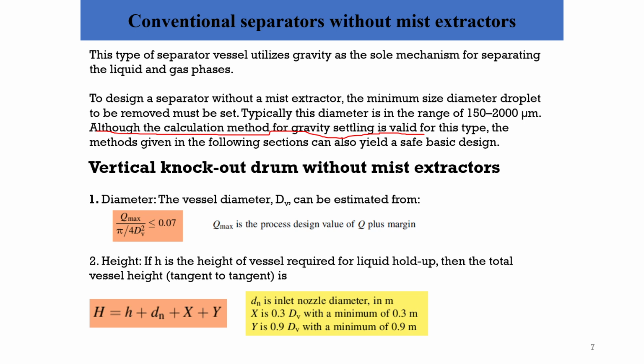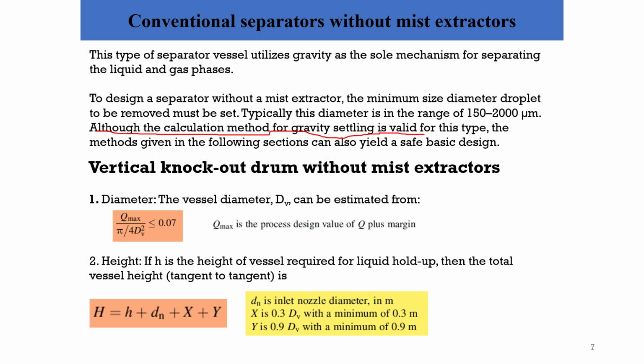Those equations are still correct, but for this specific type of separator, I'm going to use new formulas or new design criteria to make sure that our design is correct. So simply the design equation will stay the same as before.